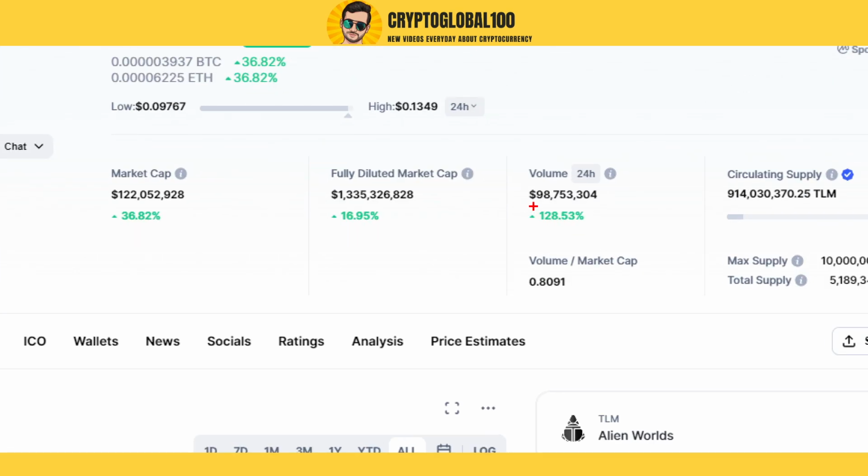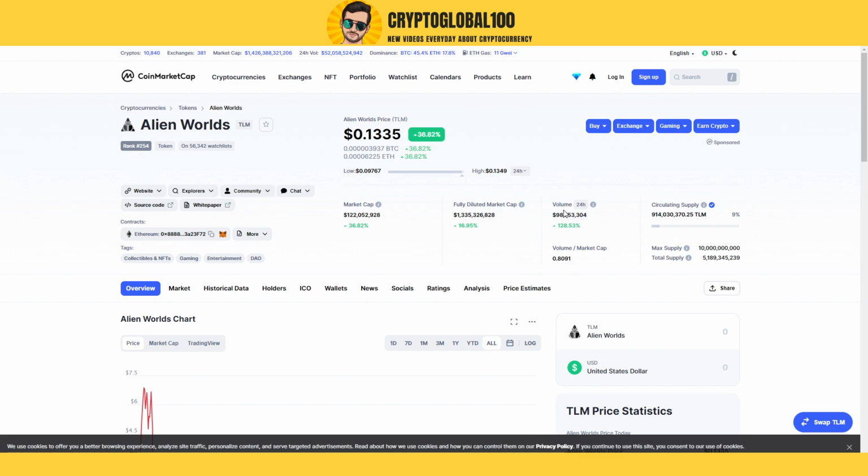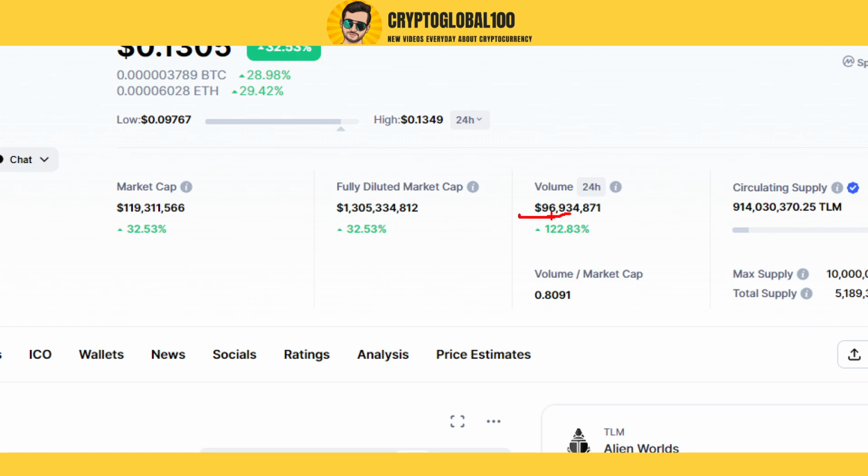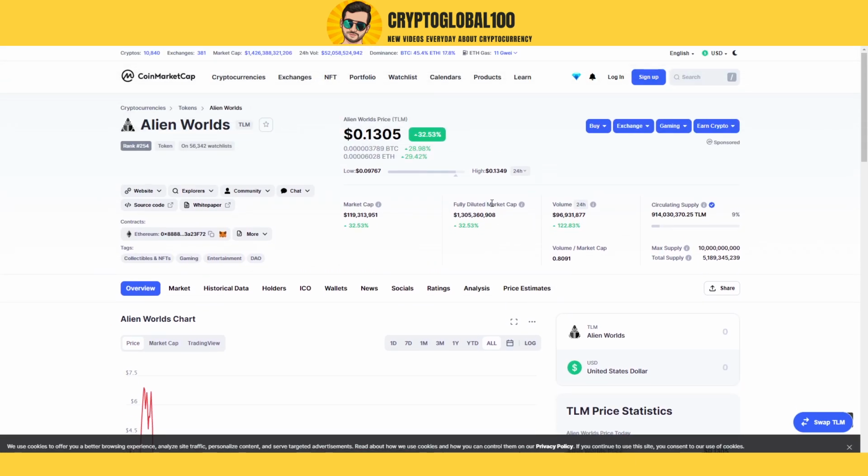You see here a 128% rise in the volume, and although it is very low, $98 million is not that much. In order to reach $1, this volume needs to reach three-digit figures, at least above 500 million. So that is the scenario of TLM.